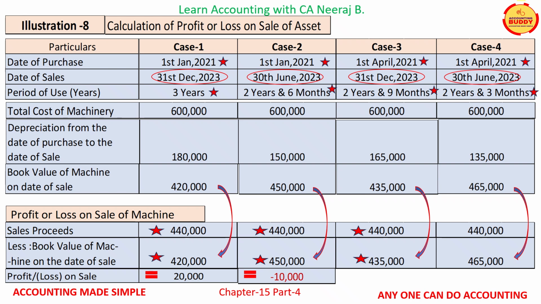In case 3, where the book value of $435,000 on the date of sale is less than the sale proceeds of $440,000, we have a profit of $5,000 on the sale of the machine. In case 4, where the book value of $465,000 is more than the sale proceeds of $440,000, we have a loss of $25,000 on the sale of the machine.